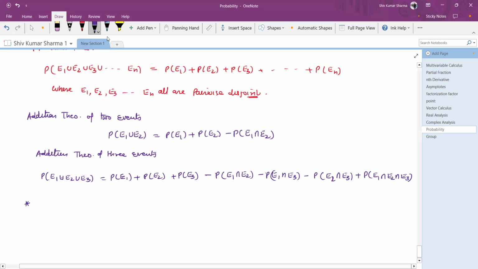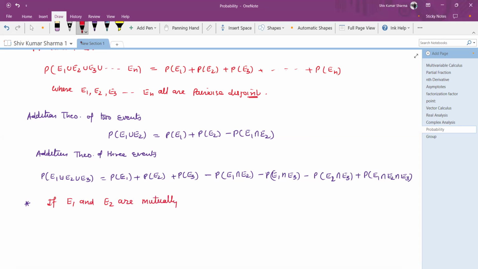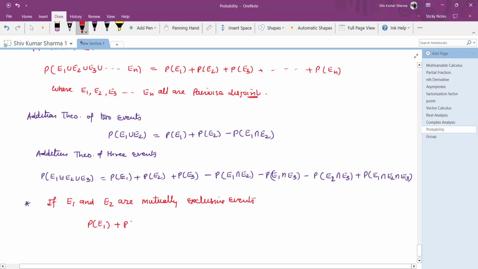Now, next theorem. If E1 and E2 are mutually exclusive events, then we have probability of event E1 plus probability of event E2 is equal to 1. So for mutually exclusive events.